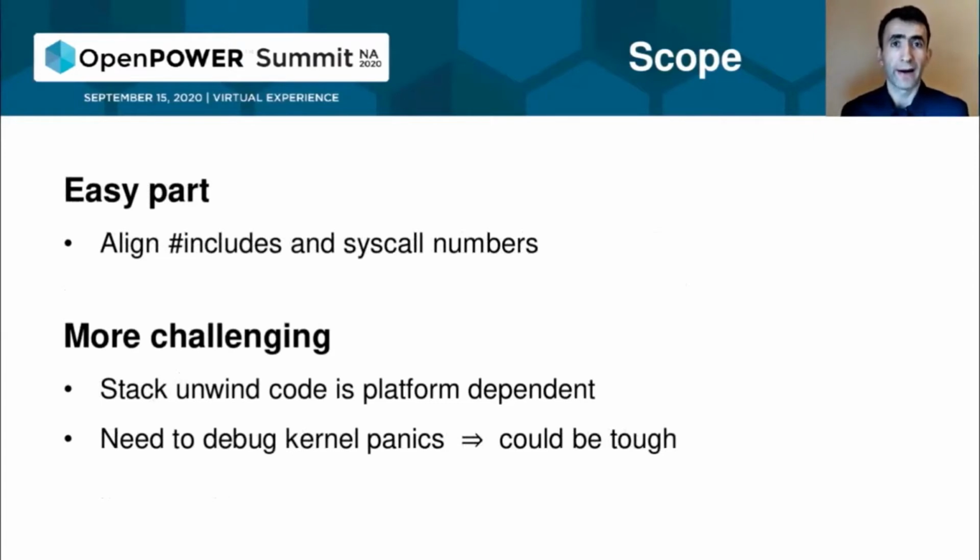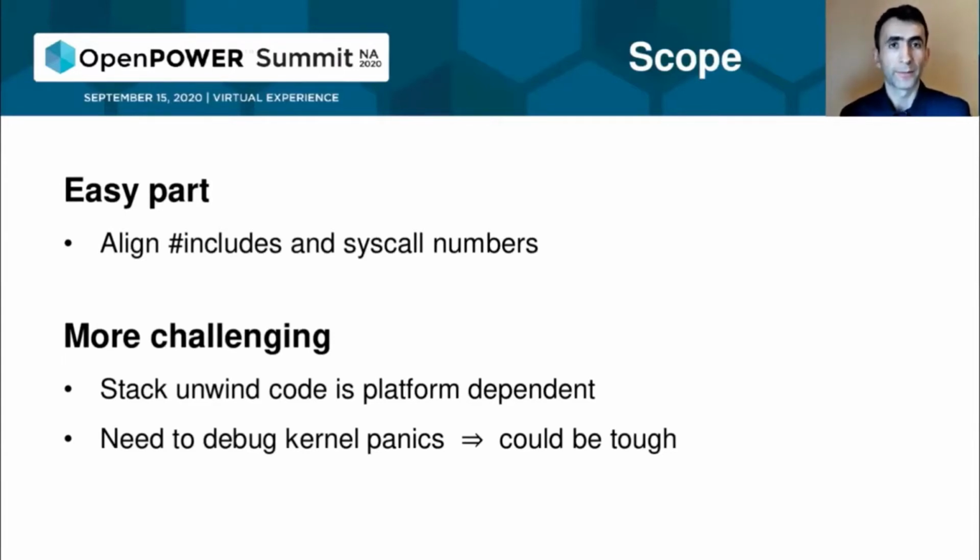So, during porting we have an easy part and a more challenging part. The easy part will contain adding some ifdefs to align includes and swapping some x86 and ARM functions for OpenPOWER ones. We also need to align system call numbers, because on different platforms the same system calls may be presented from kernel space to user space with different numbers.